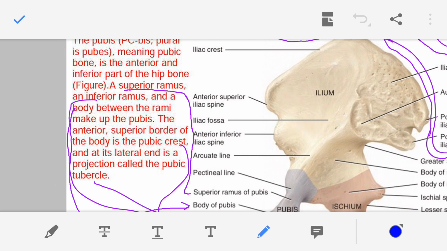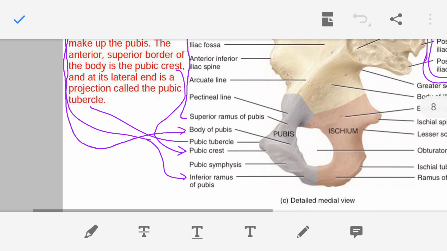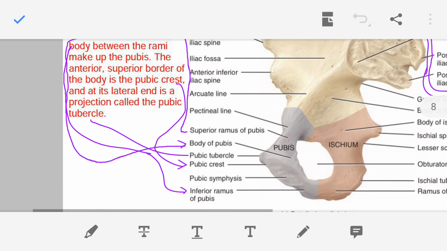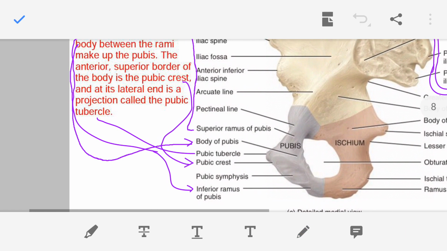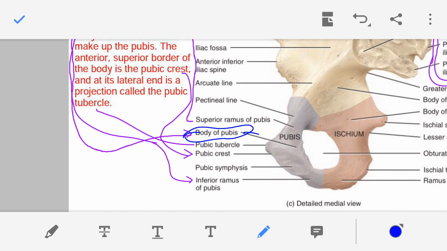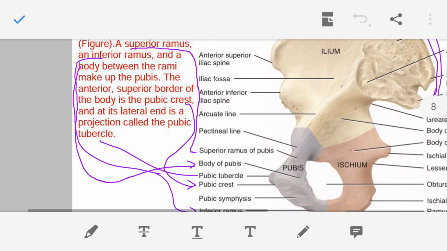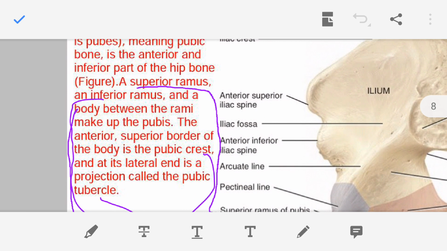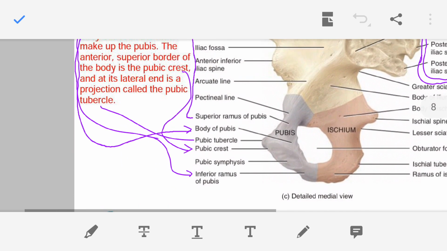Now, which are the structures that are present? Superior ramus is present. Which are the structures in the pubis? As you can see, the body is also present. This is the body, and this part is known as the inferior ramus of the pubis.